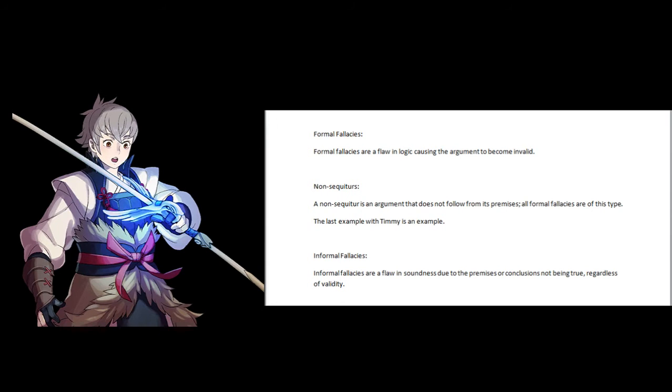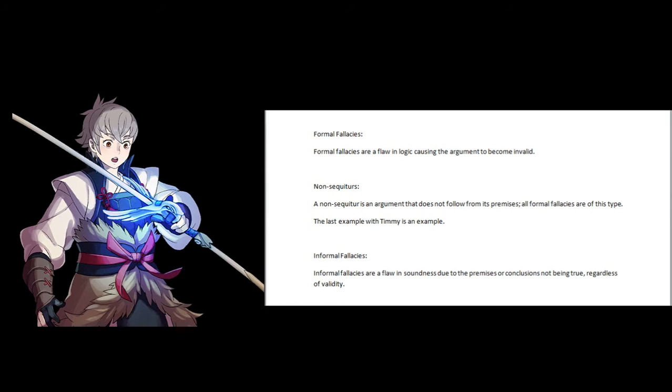The last example with Timmy is an example, as I pointed out. There is no way you can derive the conclusion from the premises. Or there are also times when the premises create an ambiguous case where you can't say for certain. It might be true, but it might not be true. And so that is called a non sequitur.